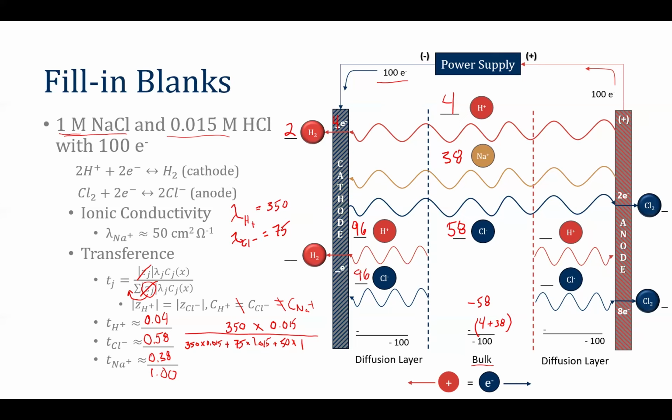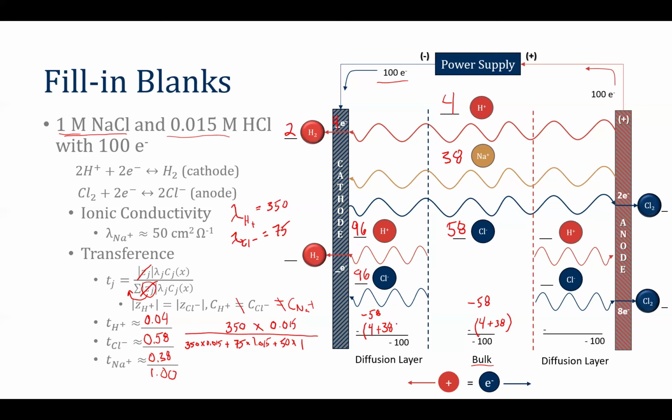And so now we have negative 58 anions migrating towards the anode, so they're moving to the right. So that's a negative 58. And I've got minus 4 of my hydrogen cations migrating to the left, and my 38 sodium cations migrating to the left. So they're all multiplied by this negative, because they're going in the opposite direction as the negative charges.